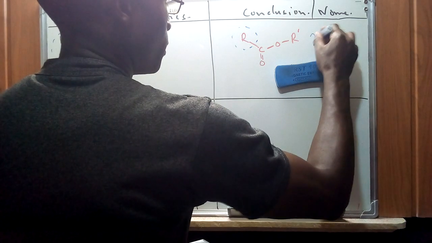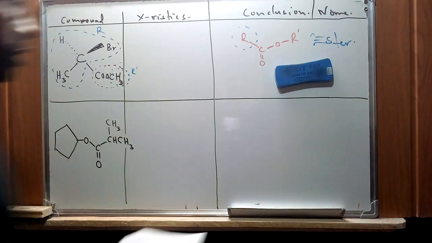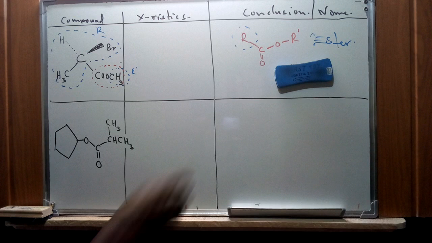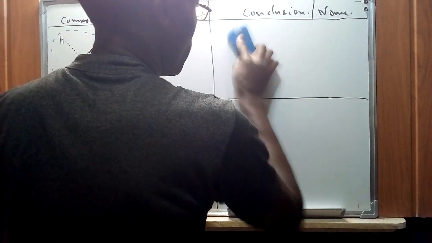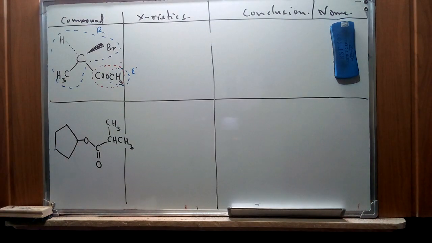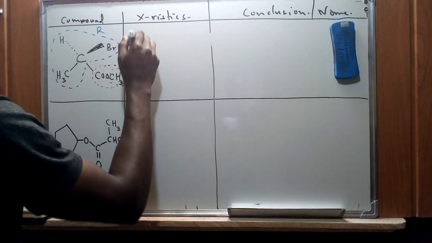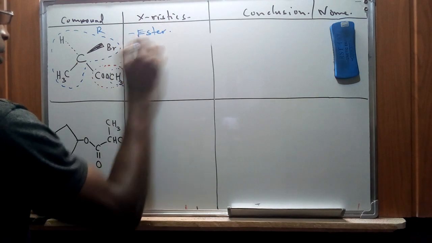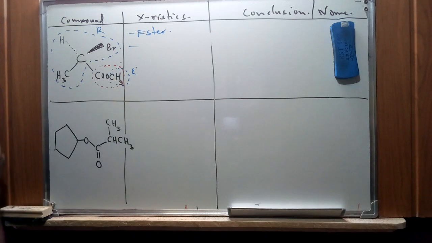An ester is a product of carboxylic acids and alcohols. So in this case, we are going to list some of the characteristics. We have identified this as an ester functional group. And then number 2, there are other substituents that we can identify from this group.